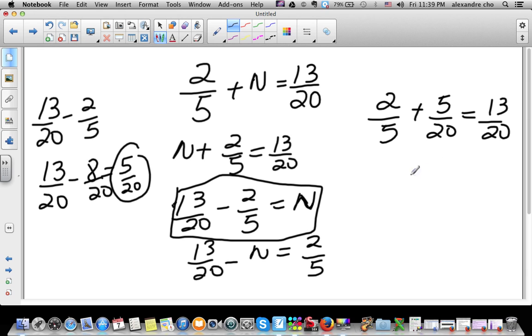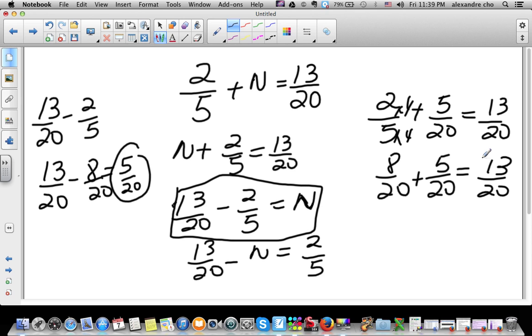On the left side, the denominator is a 20. That's already a 20, so nothing can be changed. This is times 4, so the top's times 4. 8 over 20 plus 5 over 20, it is indeed 13 over 20. So we were absolutely correct. So your final answer was 2/5. That was the value then.